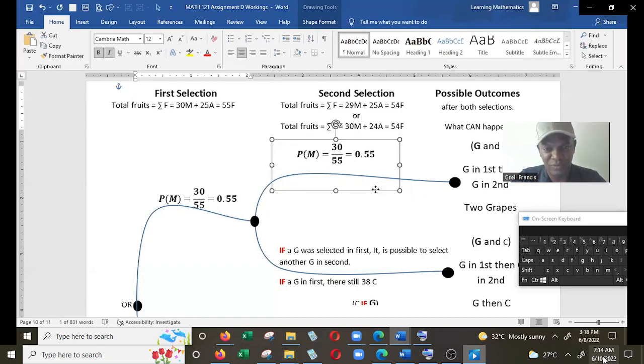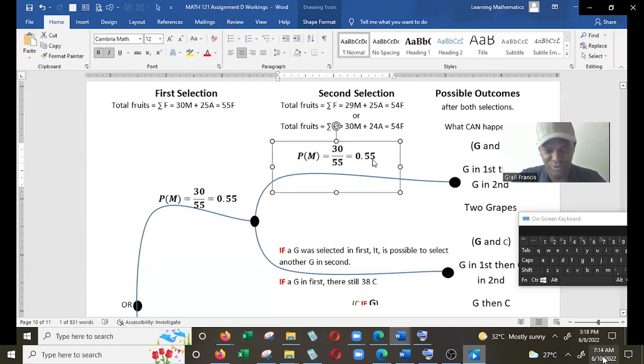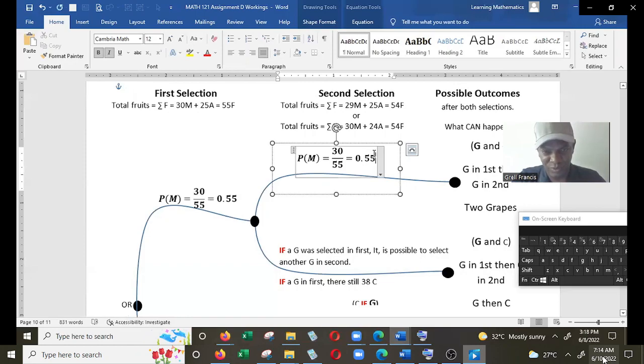Now tell me what modifications must I do to this. This will always be a 0 point. This numerator, let me put it blank. This denominator, let me put it blank. Just a minute. And this bracket, let me put it blank.